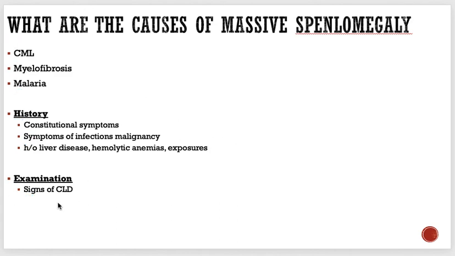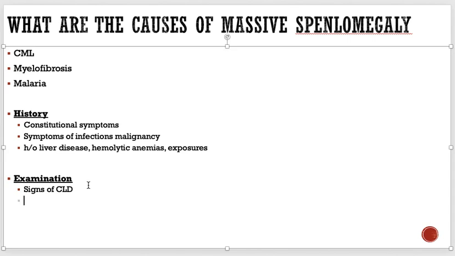So, ask for signs of chronic liver disease. Look for jaundice, sorry, not ask. Check for petechiae and purpura. Why? Because blood cancers or hematological cancers can lead to decreased platelet formation, which can lead to increased bleeding. Ask for these things.